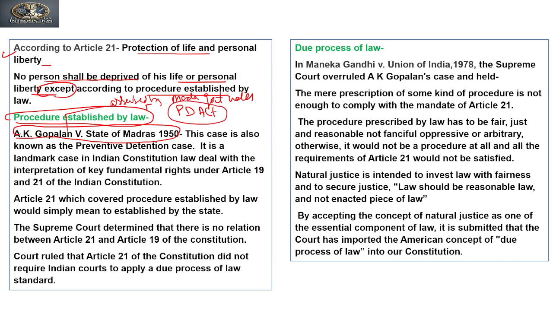The reason for his arrest was under this act, which was formulated by the Madras government and which says the procedure established by law. So he cannot be deprived of his life or personal liberty except according to procedure established by law. So if a legislature through law is empowered by Article 21 to deprive anyone of his life and personal liberty.